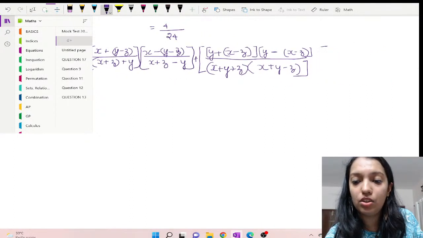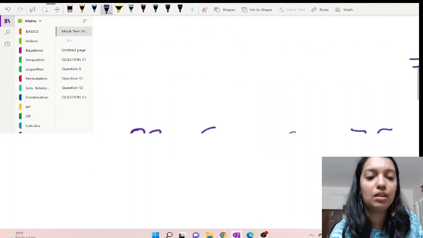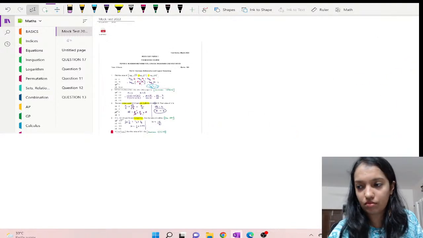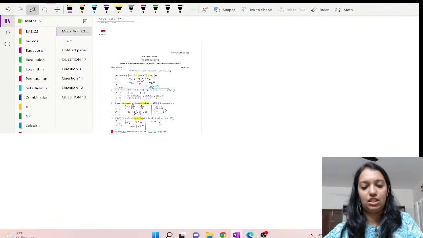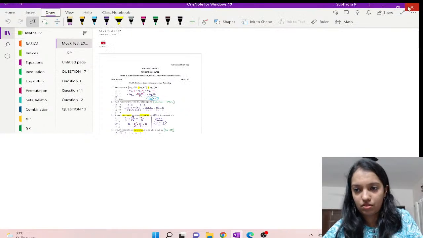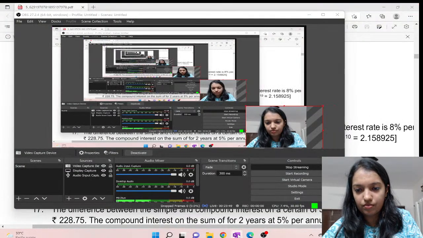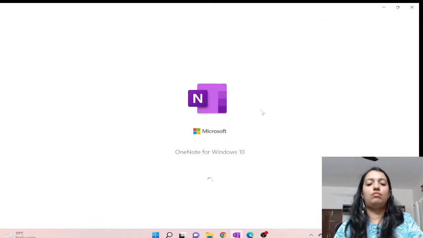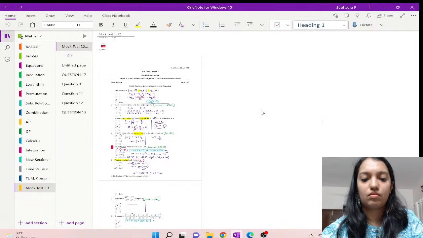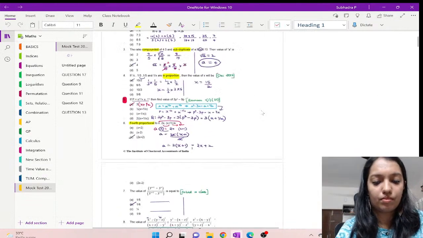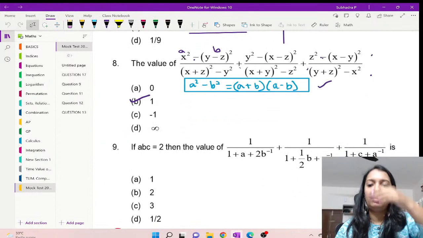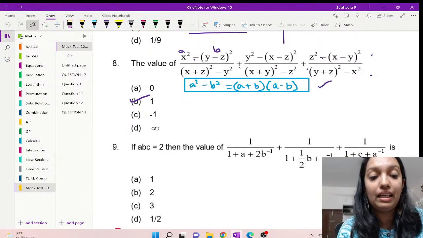Similarly, do the same for the third one. There is a plus sign in between. Look at the third term, z minus.